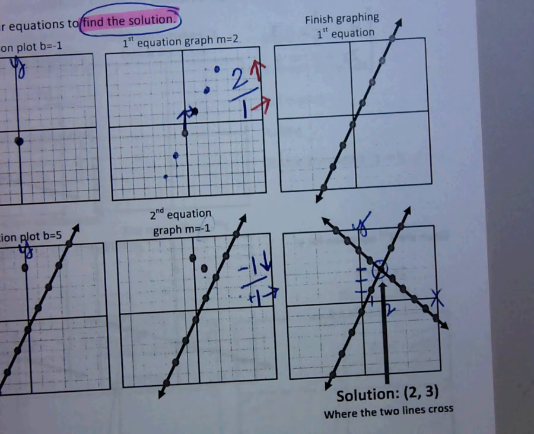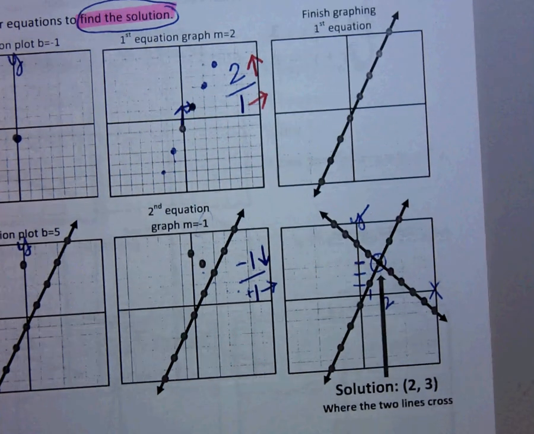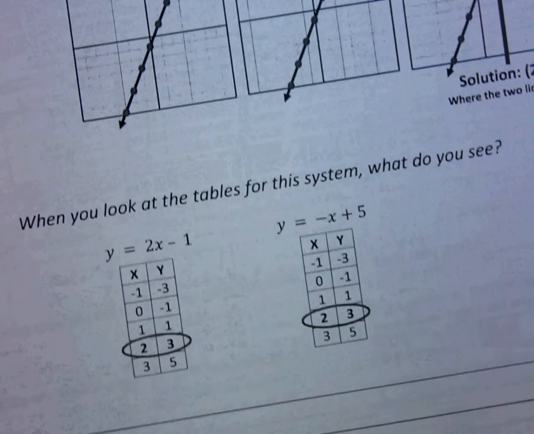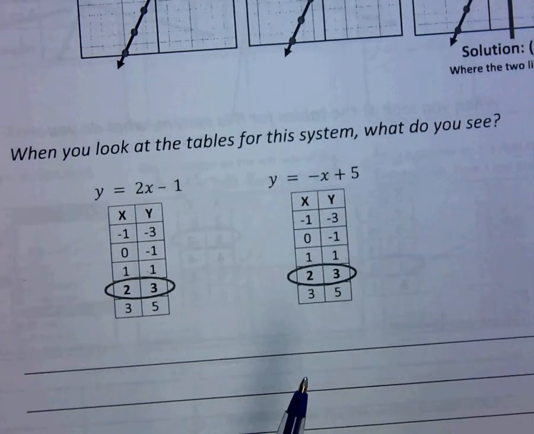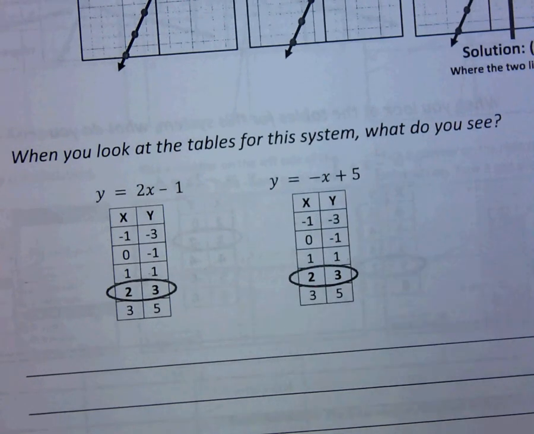Okay, now I want you to look at the tables for this system, because when you have linear equations or equations period, they produce tables. And in the calculator we do Control-P to see the table. Well, now I've provided the tables for you, and I want you to notice what they have in common. They both show the point 2, 3.